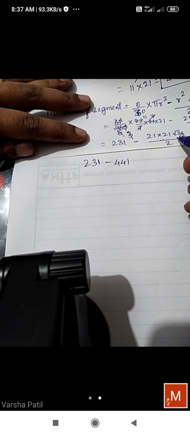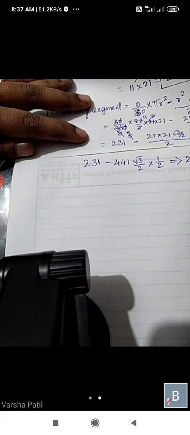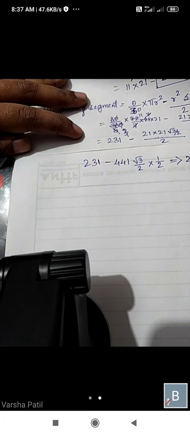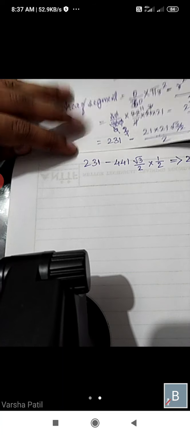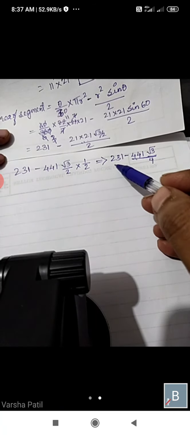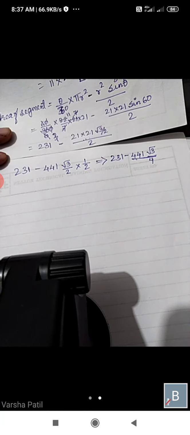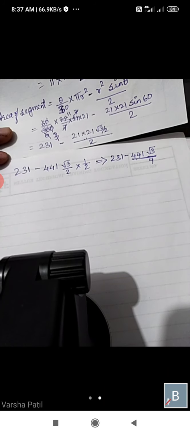Root 3 by 2 into 1 upon 2, nothing but you are getting 231 minus 441 root 3 by 4, whole. And here if possible we can take a common factor and solve, but there is no further simplification, as we can't see any even numbers to take common or any common table. So we are just going to keep it like this.